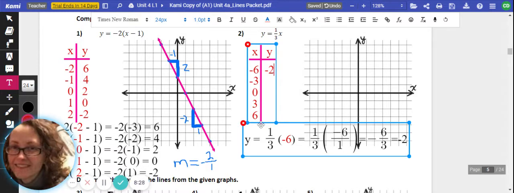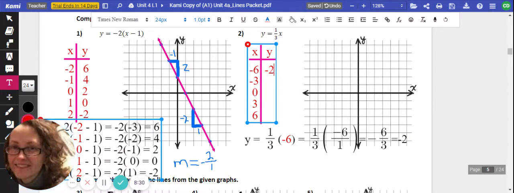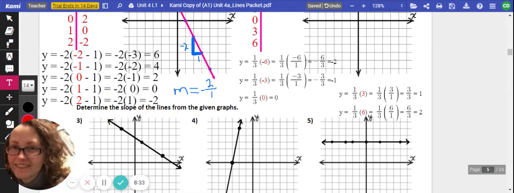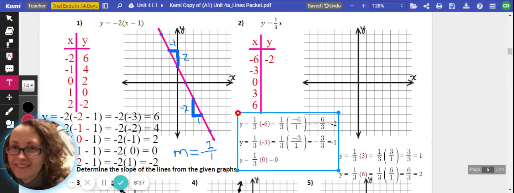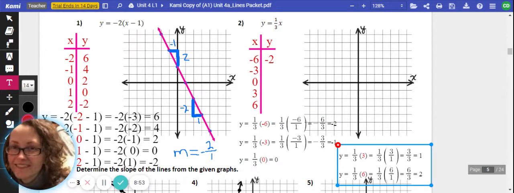I'm going to continue that for the rest of my x values that I've picked here. So plugging into the equation for the rest of my variables, I substituted in a -3, plop that -3 over 1, multiplied straight across, I get -3 over 3, which is -1. Putting in the 0, anything times 0 is just 0.